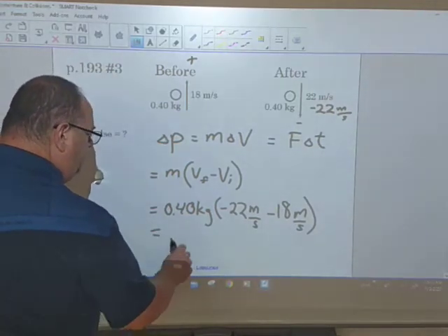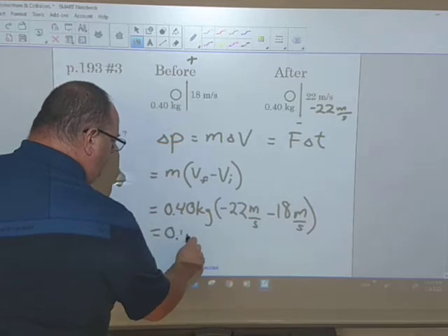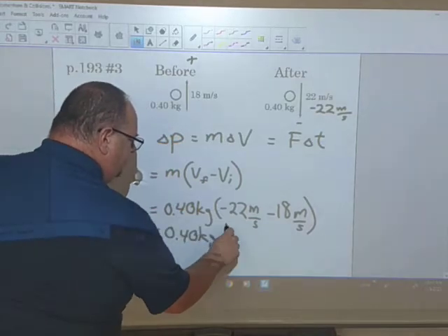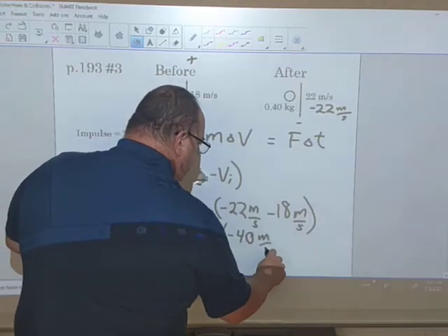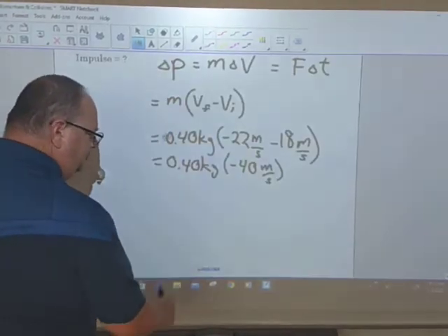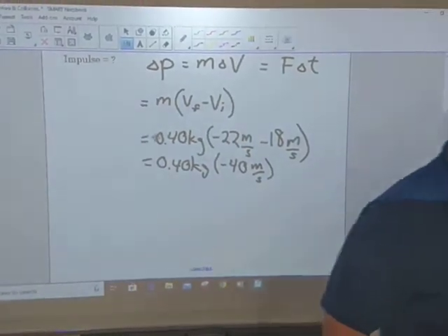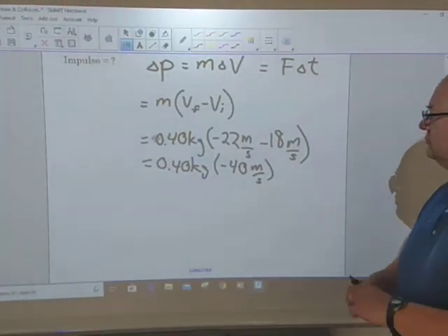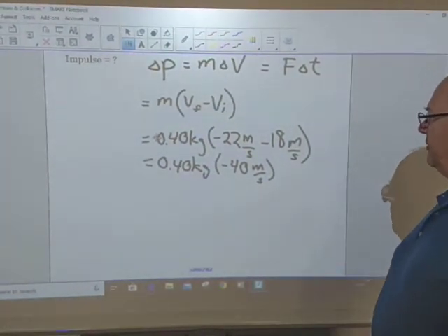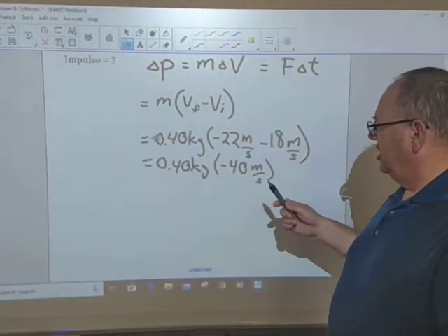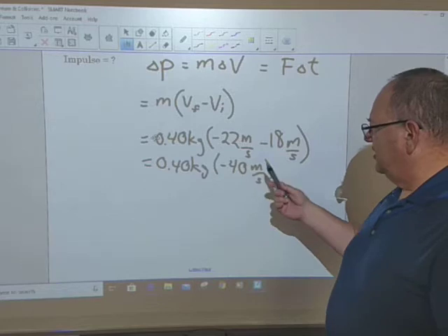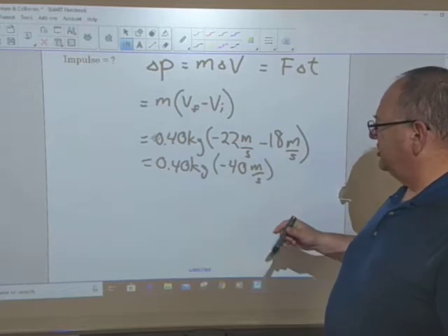So to finish this problem off, we've got 0.40 kilograms times negative 40 meters per second. I should be able to do that in my head, shouldn't I? 4 times 4 is 16. I think this is just negative 16.